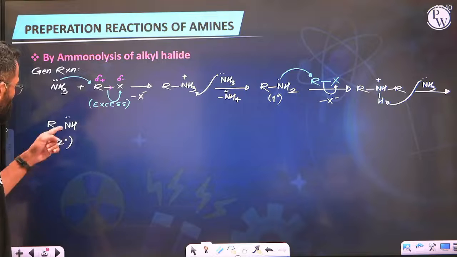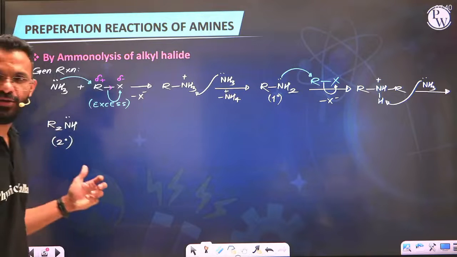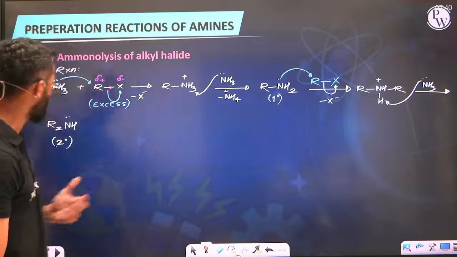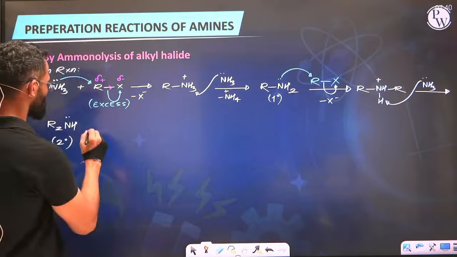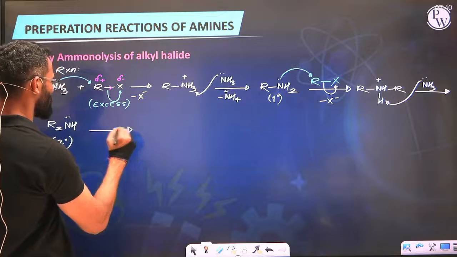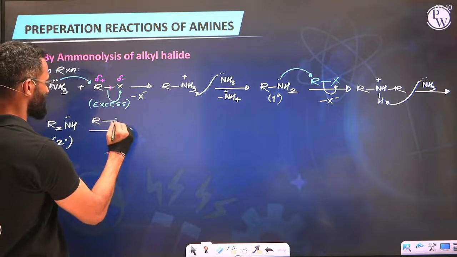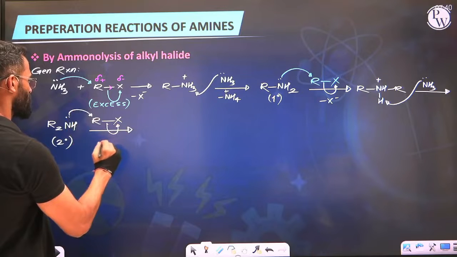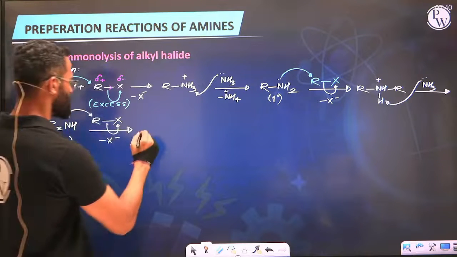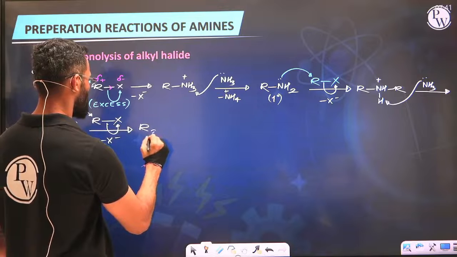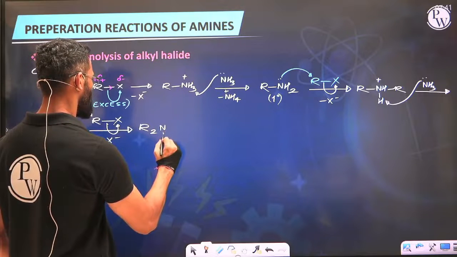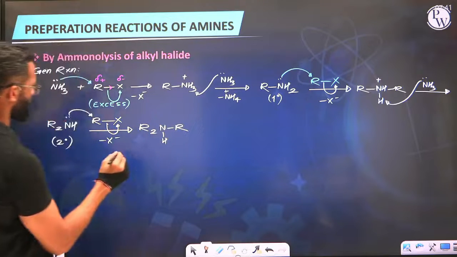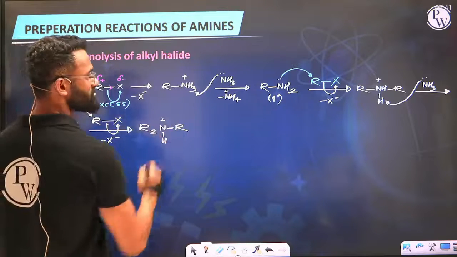Now two alkyl groups present on nitrogen will show even more electron donating inductive effect, which will make nitrogen even more electron rich, hence more basic or more nucleophilic. So this is all set to attack the third equivalent of alkyl halide. So let's say this is alkyl halide, the lone pair attacked here, halogen left as X minus, producing R2NH and R carrying positive charge on it.